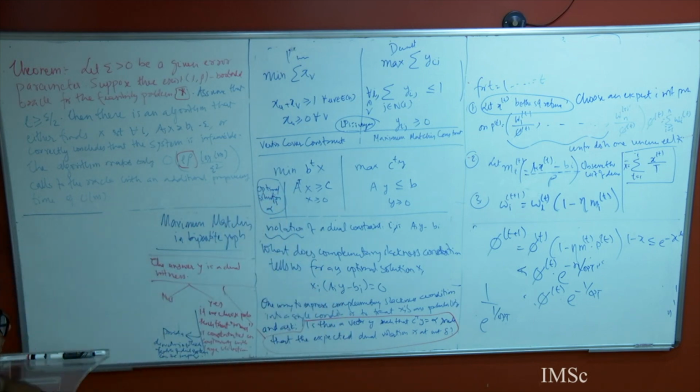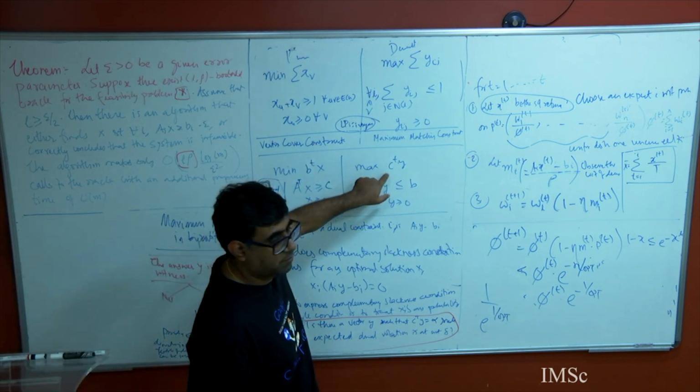I mean, primal has? Why? Dual is a maximization problem.